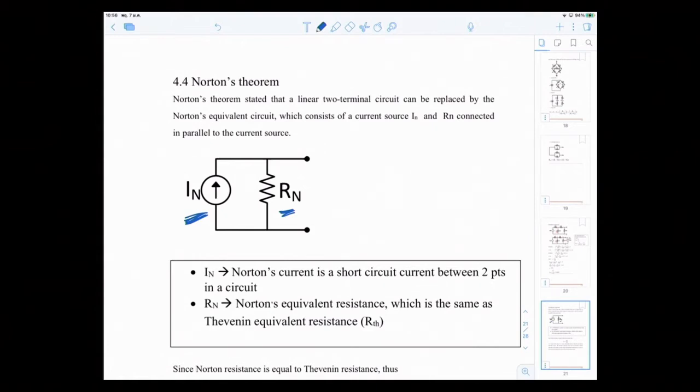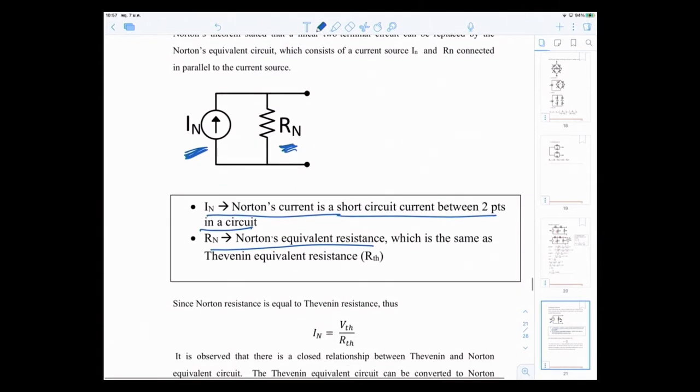The definition of Norton current, IN, is that it's the short circuit current between 2 points in the circuit. And RN, the Norton equivalent resistance, is found the same way as your Thevenin equivalent resistance. It's the same value, just the position is different. RN is parallel to the current source.